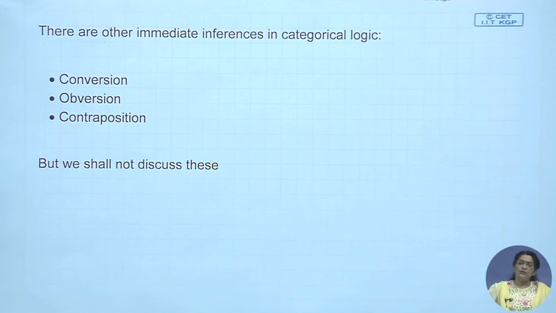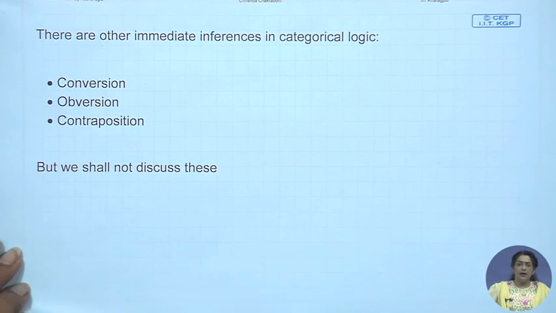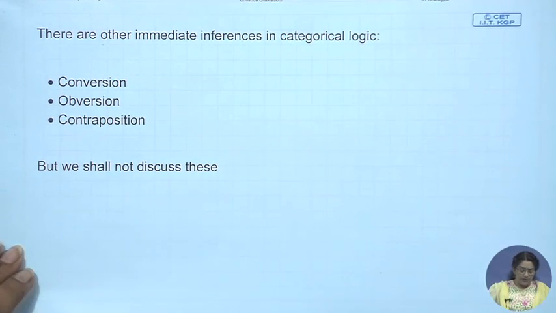But we shall not discuss this here. Because of paucity of time and because it's an online course where we have to maintain other constraints, we are not going to discuss any of this, but if you are interested you can take a look into this. But what I taught today is how to do immediate inferences based on square opposition, and with the knowledge of the square opposition, in fact you can jump into many such inferences.